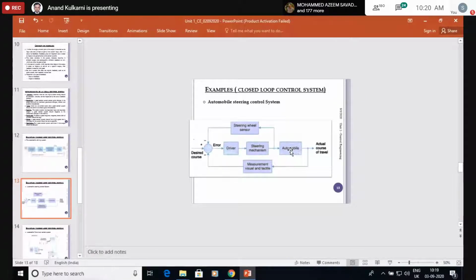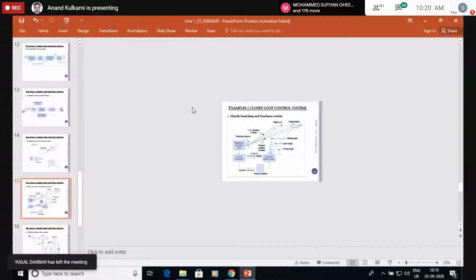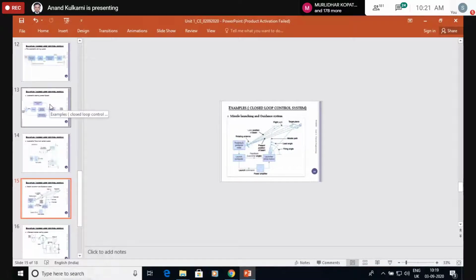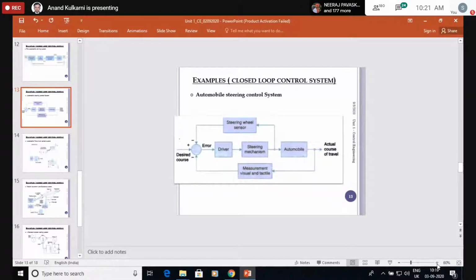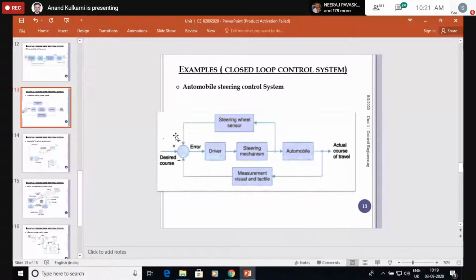I will take another example for this. Suppose you are controlling the oven temperature, which is a closed loop control system.